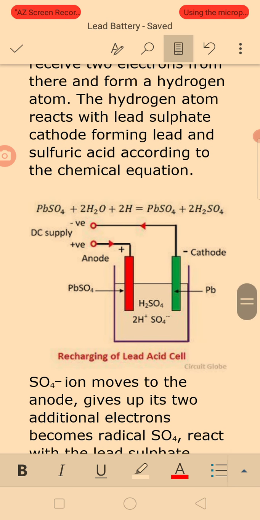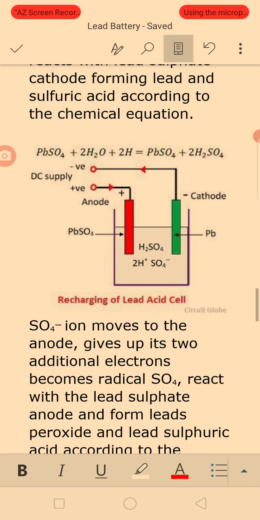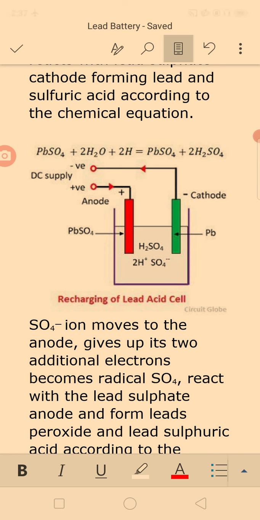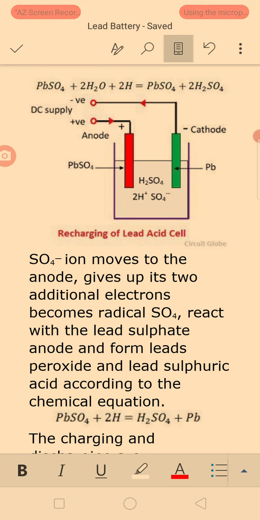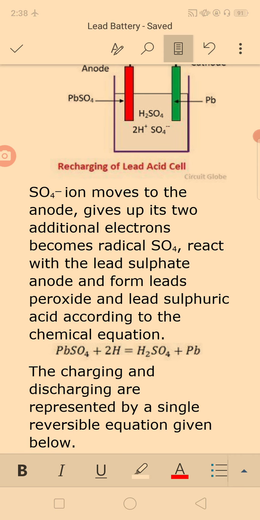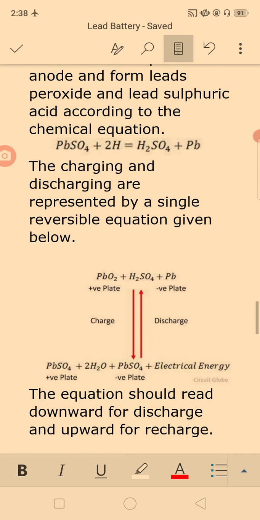Again, sulfate ions move toward the anode, give up two electrons, become sulfate radical, and react with lead sulfate at the anode to form lead peroxide and sulfuric acid according to the chemical equation. Lead sulfate plus two hydrogen ions converts to sulfuric acid along with sponge lead. The charging and discharging are represented by the single reaction as here.